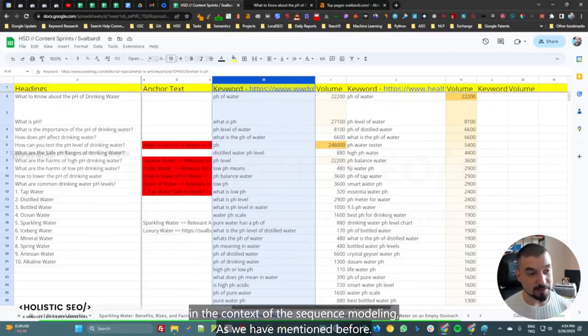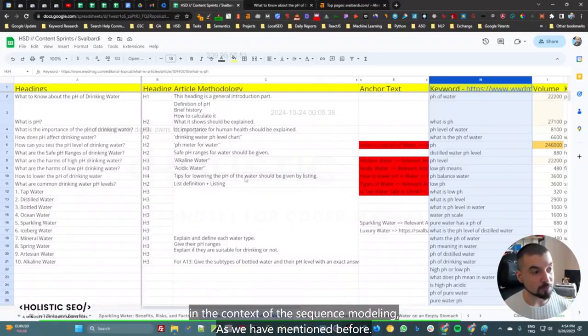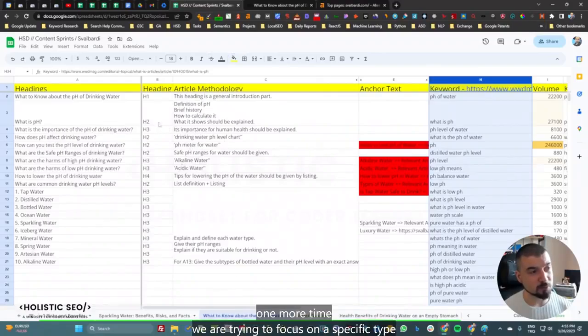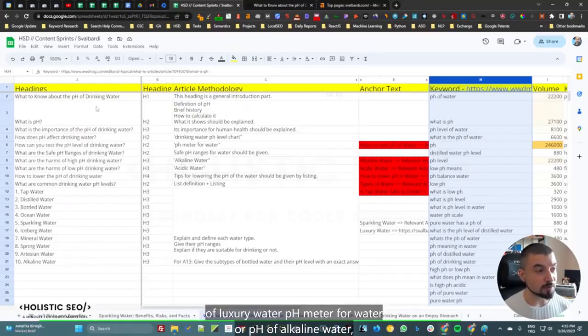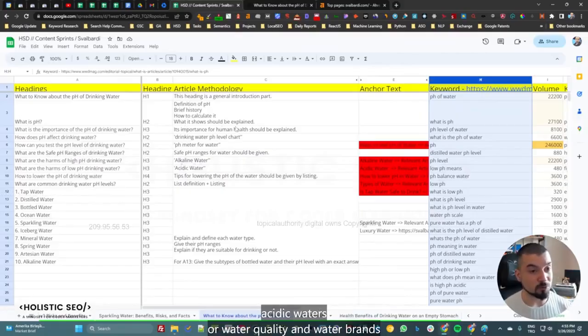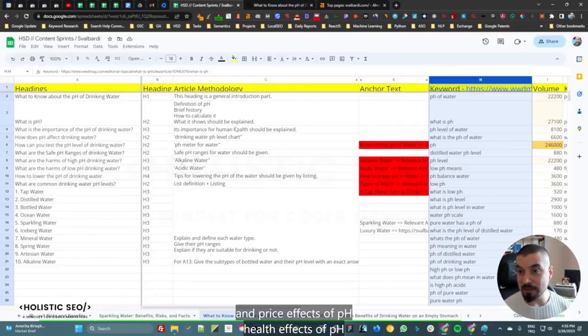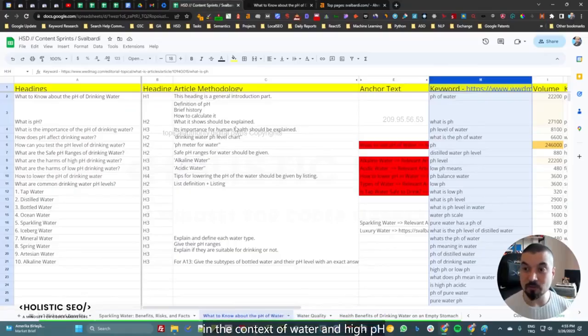In the context of sequence modeling, as we have mentioned before, we try to focus on a specific type of contextual vector together with different types of sequence models, which means pH of Arctic water, pH of luxury water, pH meter for water, pH of alkaline water, acidic water, water quality and water brands, price effect of pH, health effects of pH in the context of water, and high pH, low pH, medium pH, pH measurement.